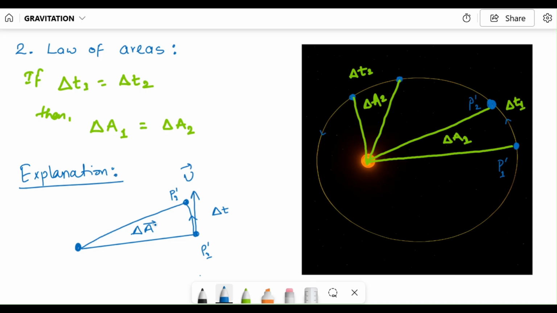Curl the four fingers along the direction of its movement, and the thumb, perpendicular to the four fingers, will indicate the area vector. We are taking anti-clockwise movement here, so the direction of the area vector is perpendicularly outward to the screen in this particular case.